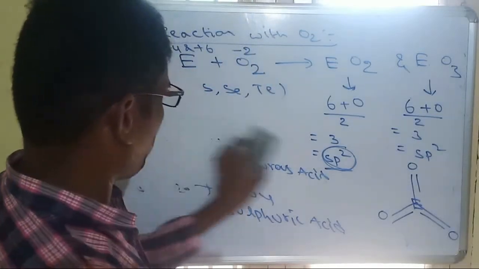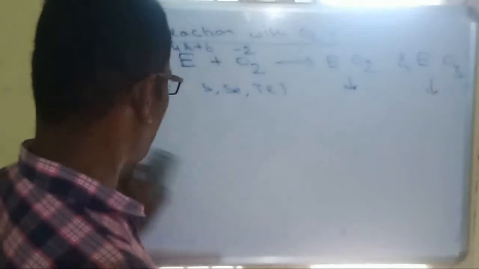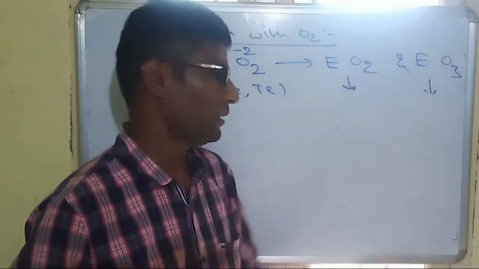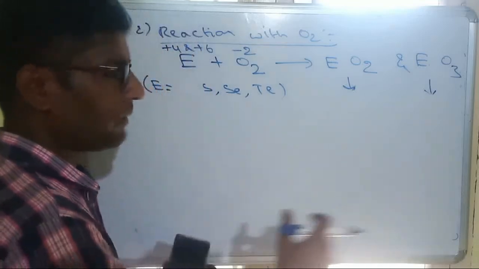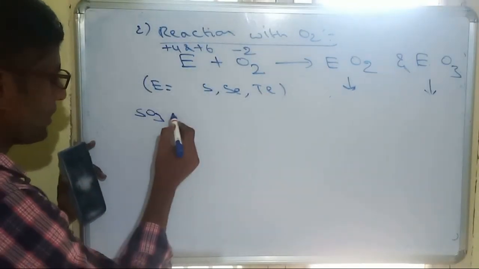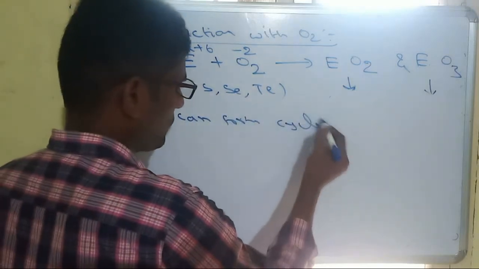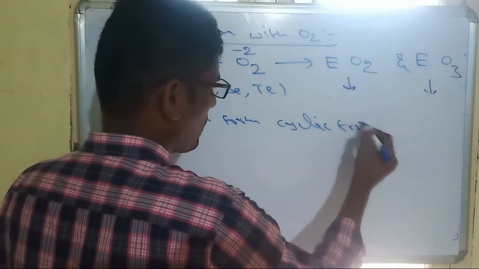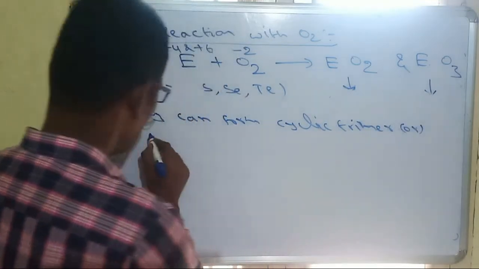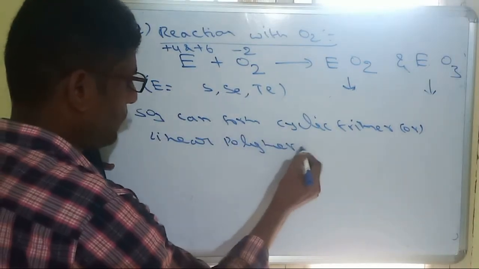So sulfur trioxide in solid state can exist as a cyclic trimer. In gaseous state it exists as a monomer, but when coming to solid state, SO3 can form a cyclic trimer or a linear polymer.